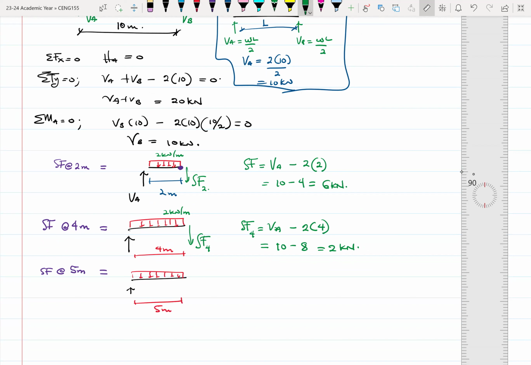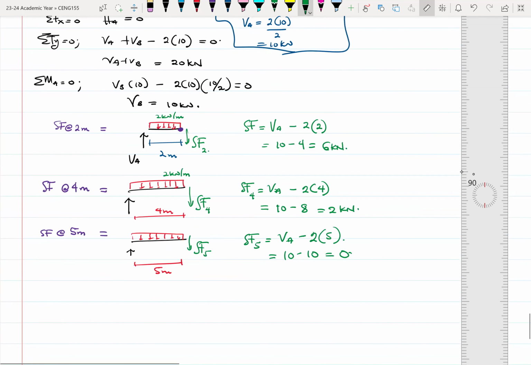We want to find the shear force at 5 meters. So shear force at 5 meters will be equal to VA minus the UDL intensity times 5. So this is 10 minus 10, and that'll give us 0. Now let's do shear force at 6 meters.